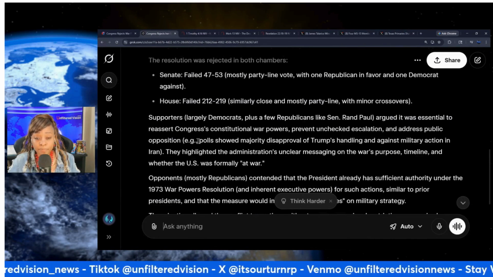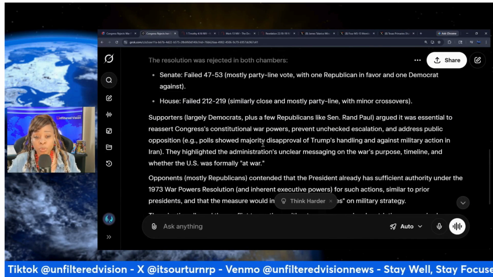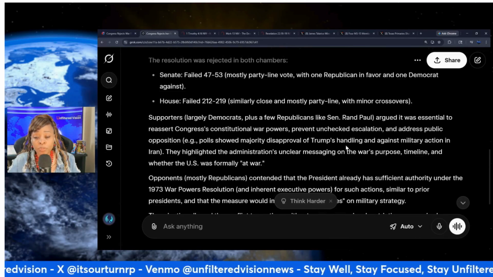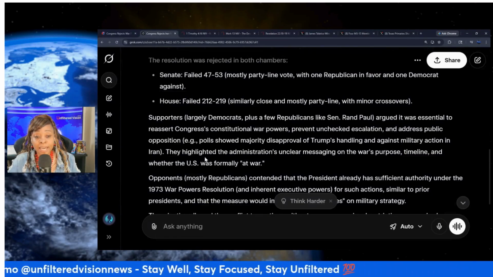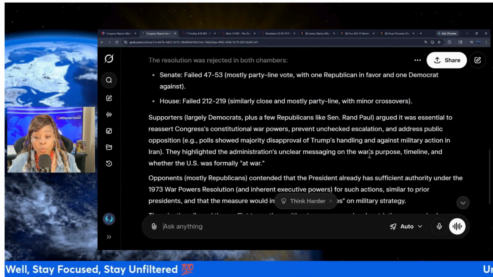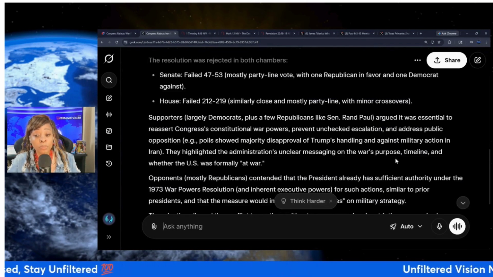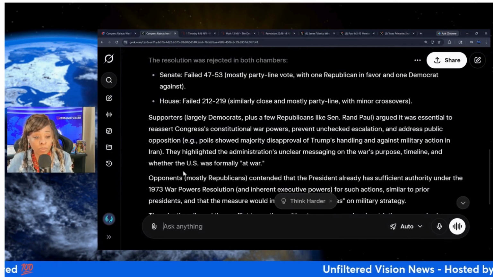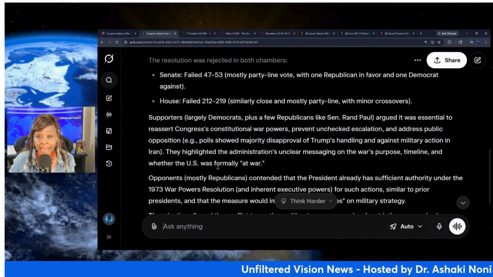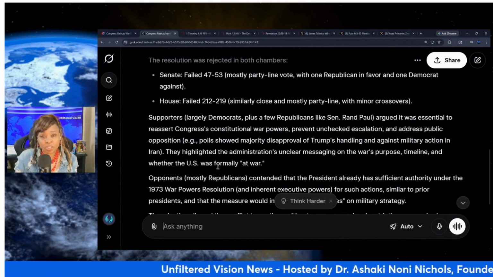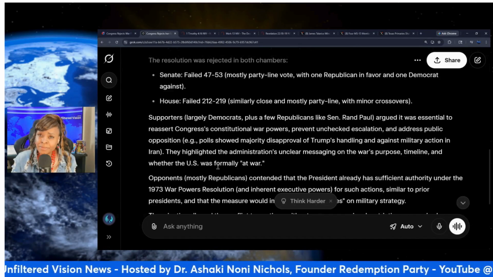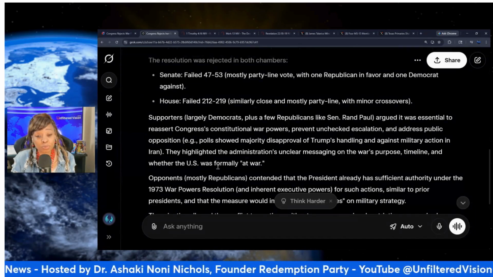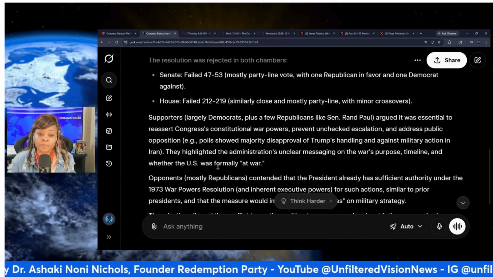The polls showed majority disapproval of Trump's handling and opposition to military action in Iran. They highlighted the administration's unclear messaging on the war's purpose, timeline, and whether the U.S. was formally at war. That's the question. Is this formally war or not? Because you still need congressional approval to be formally at war.